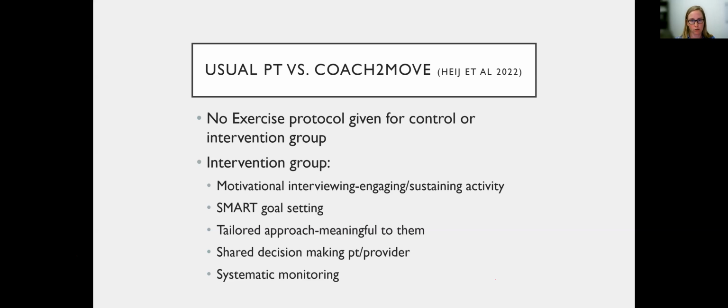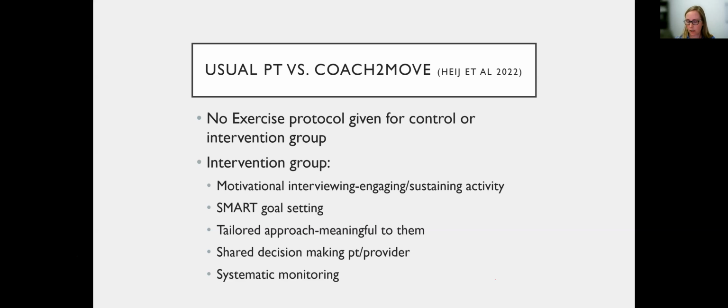But the intervention group incorporated more of these behavior change techniques. So motivational interviewing, you may have heard about, really asking open-ended questions, engaging the patient that you're working with, empowering them to help facilitate that behavior change. Looking at SMART goals, so it's very specific, and making that meaningful to the patient.